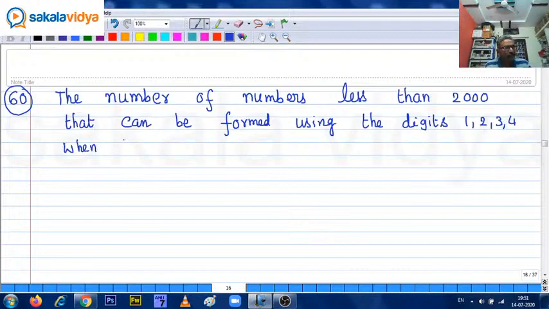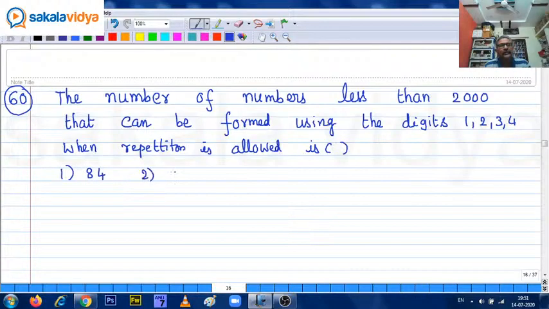Your condition is imposed. First option is 84, second option is 148, third option is 180, fourth option is 1440. This is the question.